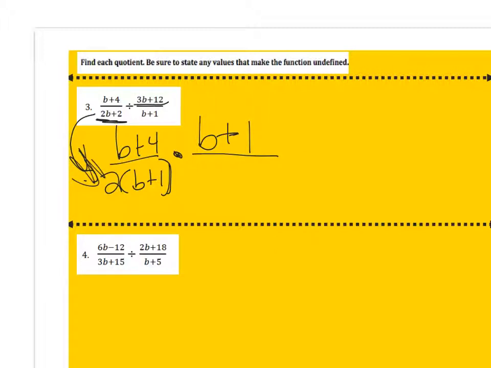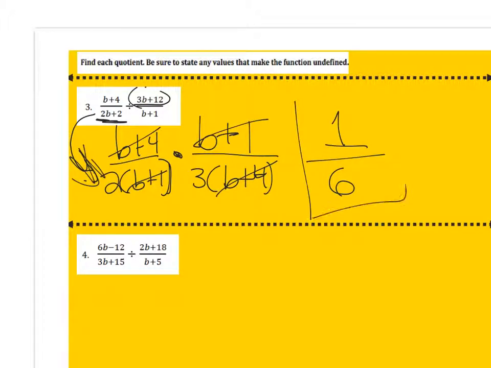Flip the second one over, and if I factor this, I get 3b plus 4. Now all of a sudden I've got things on top and bottom that can go away. The 3b plus 4 cancels out. The b plus 1 cancels out with that one. On top, I'm not left with 0; this is technically 1. On the bottom, I've got 2 times 3, which is 6. So after all that, it's simplified to 1/6.